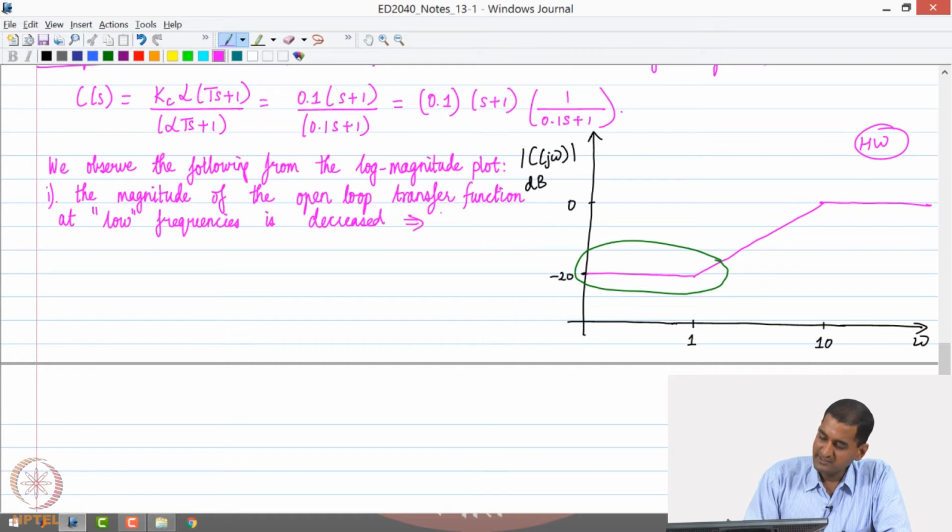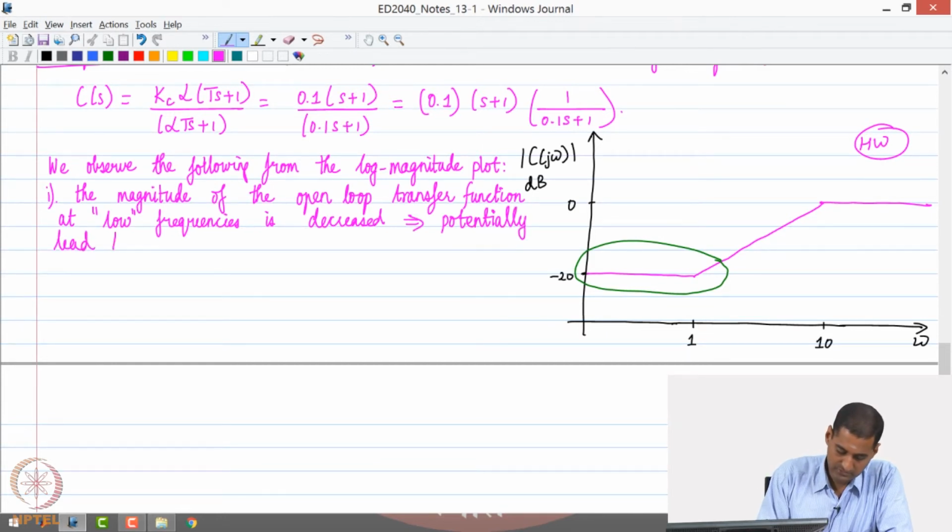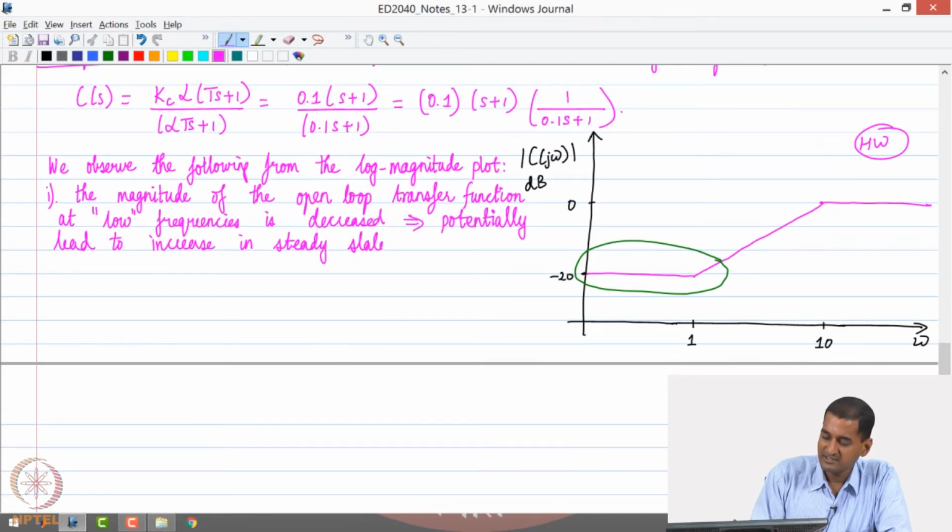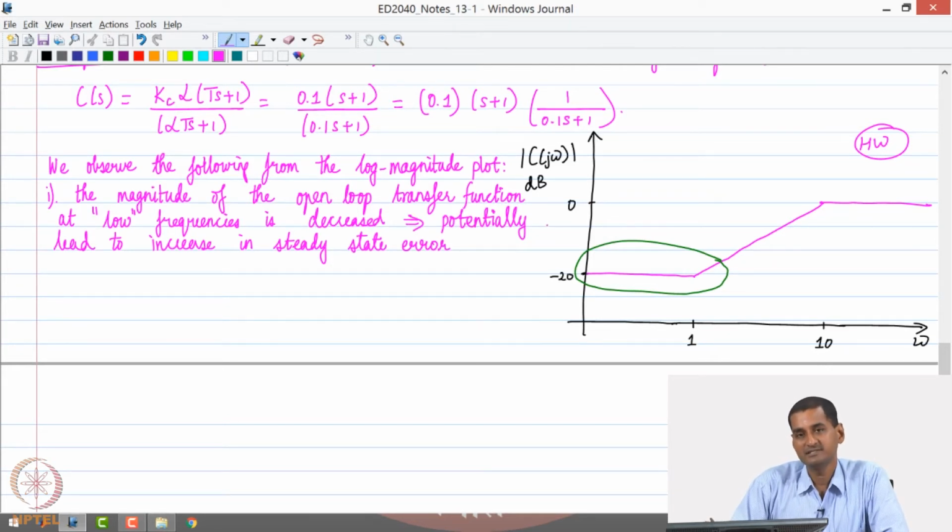This would immediately imply that this can potentially lead to an increase in steady state error, because please remember, if the low frequency values are reduced, the values of Kp, Kv and so on are affected. They go down.